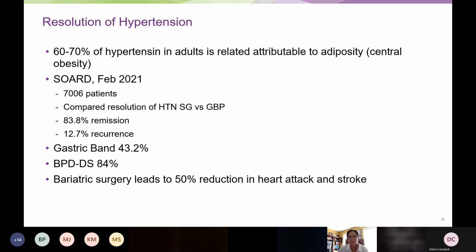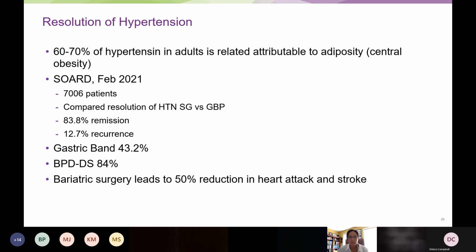They basically compared sleeve gastrectomy, which is now the popular surgery, to gastric bypass to see how well it actually got rid of hypertension. What it found was between sleeve gastrectomy and gastric bypass, the remission rate was pretty much the same, 83% remission of hypertension. And if patients start regaining their weight back, there's actually a recurrence rate of about 12.7%.